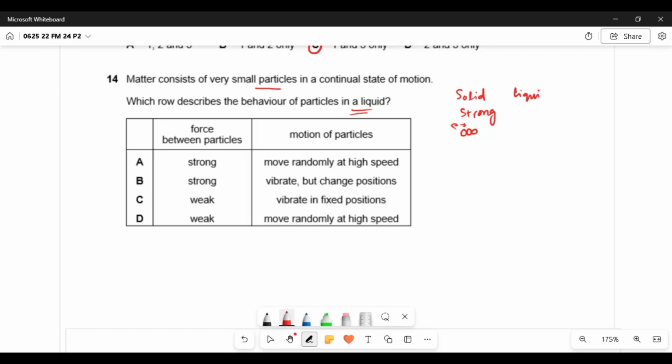When it comes to liquid, the force is still strong, but during their motion they change their place. In solids there is no change in place, here they change places. In gases, molecules have weak force between them and they can move randomly. So here we are going to talk about liquid. Liquid has a rather strong force. Yes, they move randomly. No, the gases can move randomly, but they can change position only.